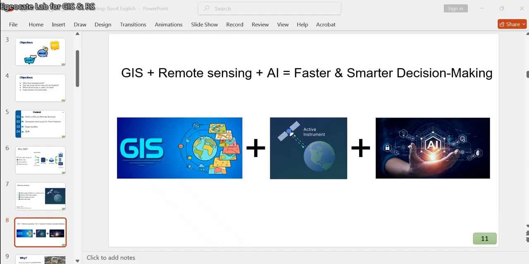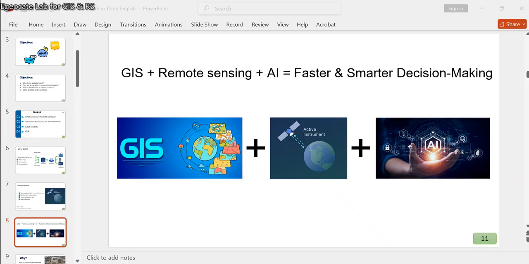Actually, one of the significant things that we need to consider is that if we combine GIS, which is a software tool, and use remote sensing data and combine this also with AI, machine learning and deep learning, then we can have a system which can easily identify the problems and also propose solutions for your environmental problems.